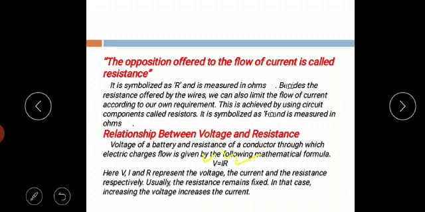So V, I and R represent the voltage, the current and the resistance respectively. Usually the resistance remains fixed. In this case, when we increase the voltage, the current also increases.